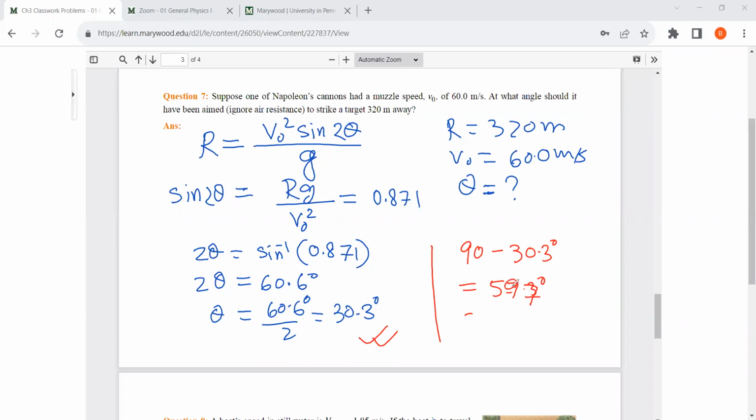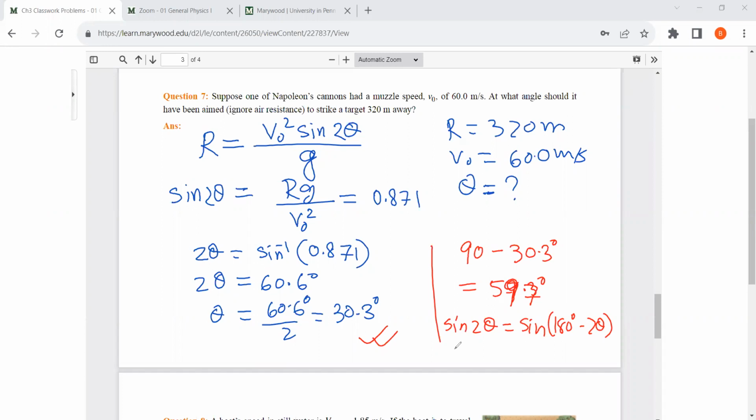Sorry, 59.7 degree, right? So that is possible because there is a trigonometric identity, and it tells us that sine 2 theta is equal to sine of 180 degree minus 2 theta.